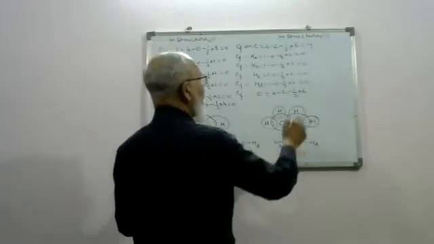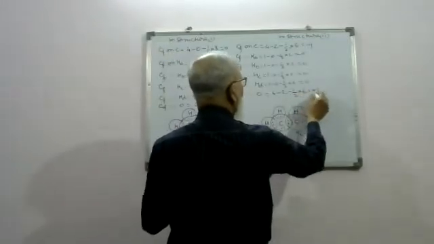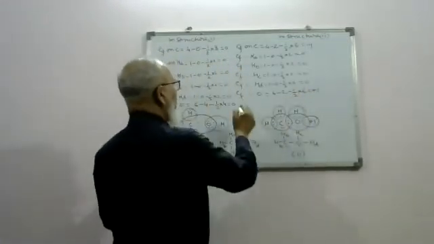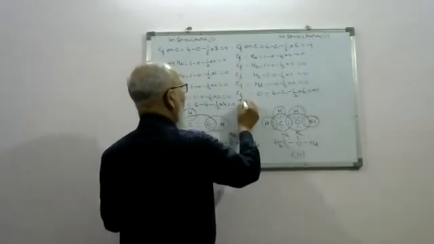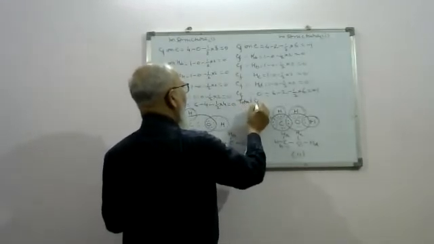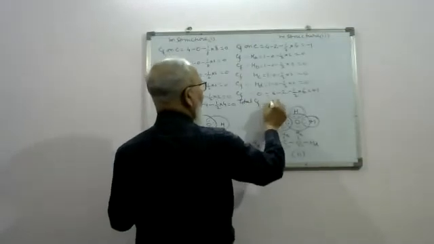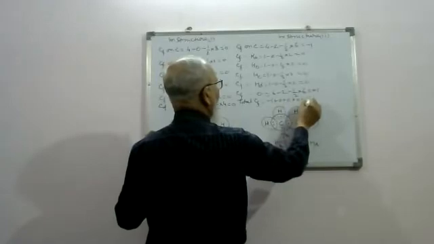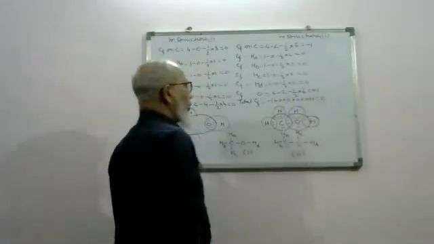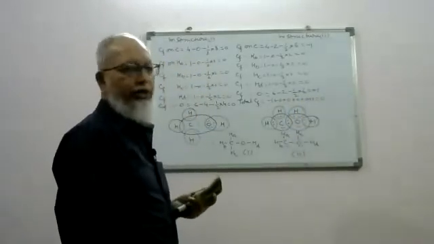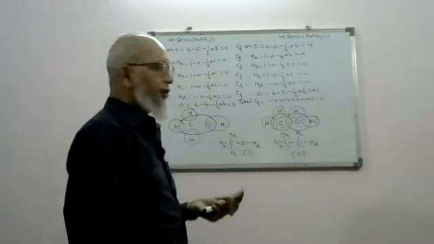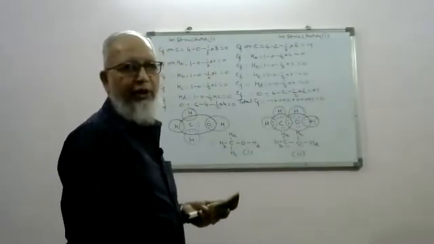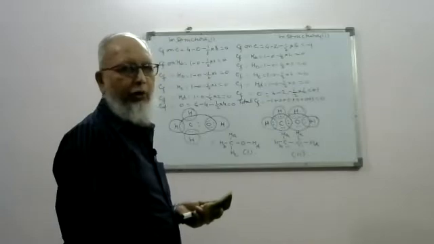So this will be equal to plus 1. So total formal charge, total CF, is equal to minus 1 plus 0 plus 0 plus 0 plus 0 plus 1. So the total charge in both the cases is 0, indicating that it is a neutral molecule.